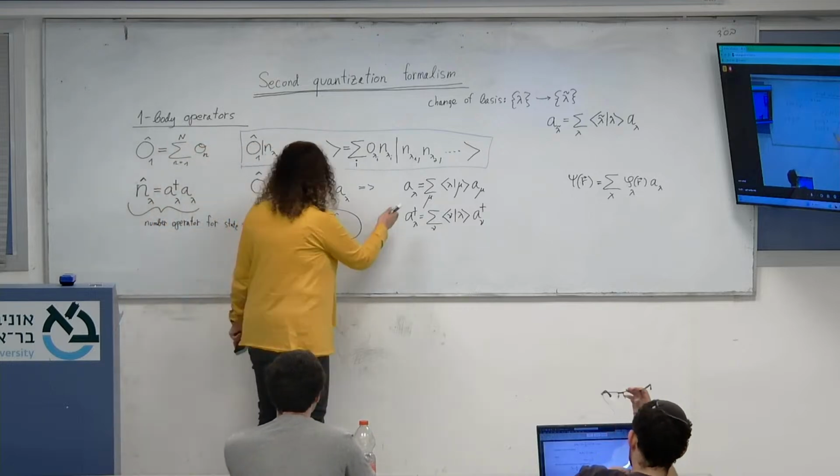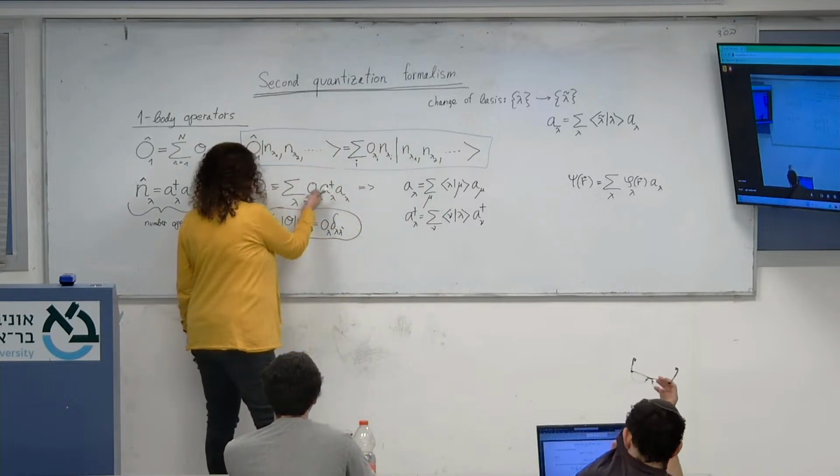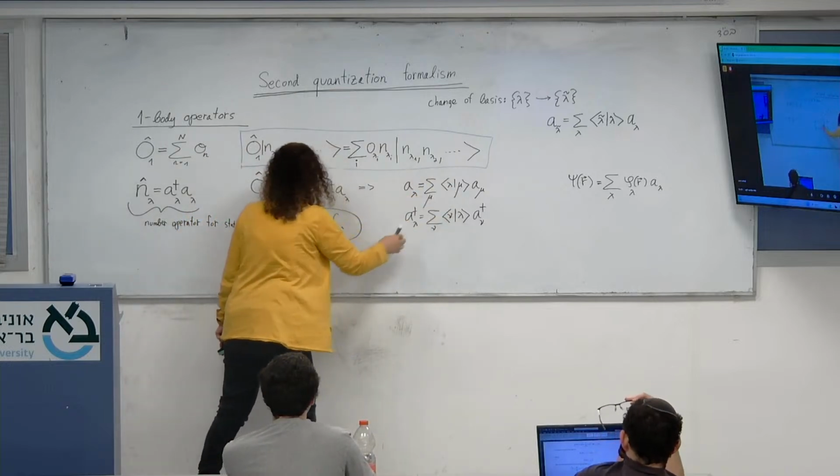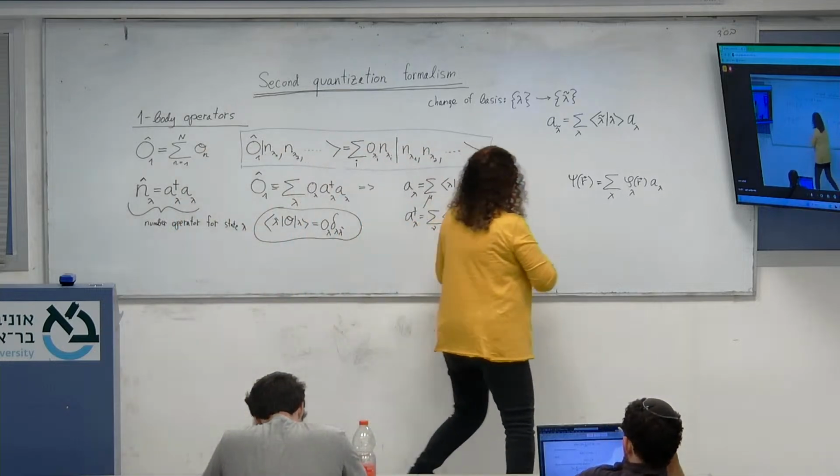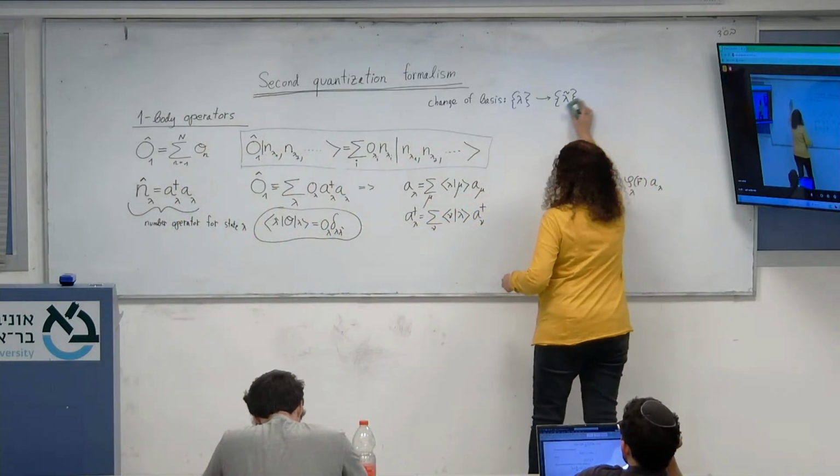Then if we plug this expansion into the diagonal form, I'm going to get the following result.